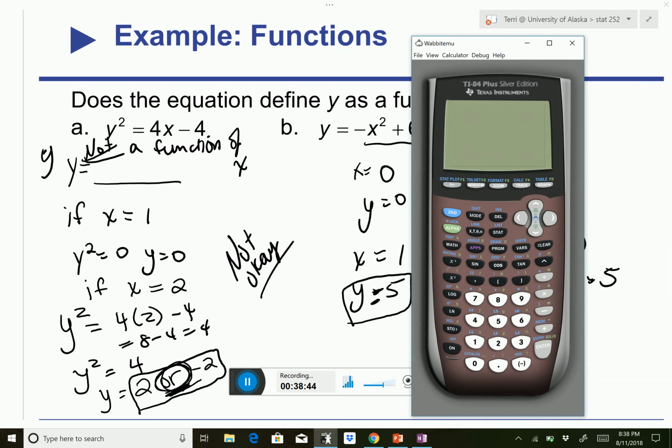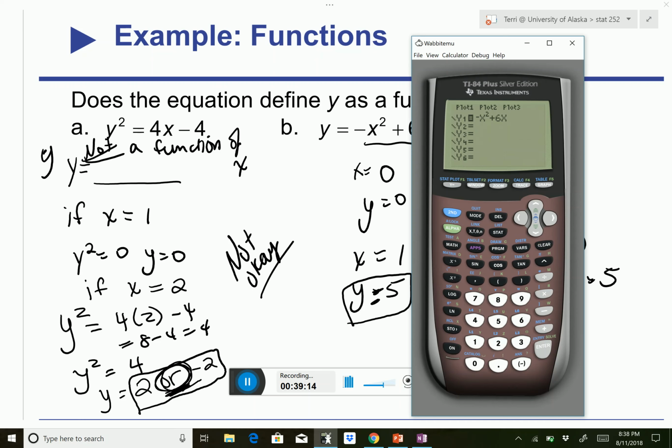Now, if I were going to put this in to my calculator, come on, turn on, then I could do this second one very easily. I'm just going to go -x squared plus 6x. Really easy to put that in.